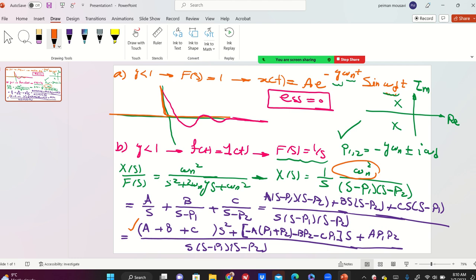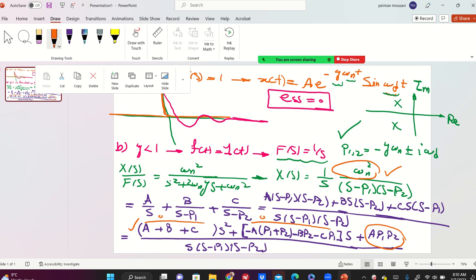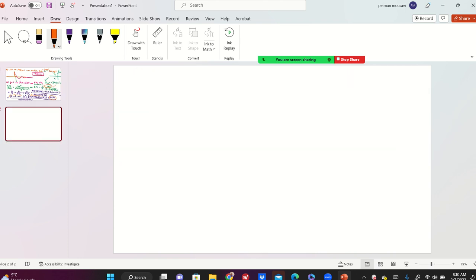By saying that, the coefficient of s squared is 0, the coefficient of s is 0, and the constant is equal to how much? Omega_n squared. So can I go to the next page? Yes. So a p1 p2 equals omega_n squared.